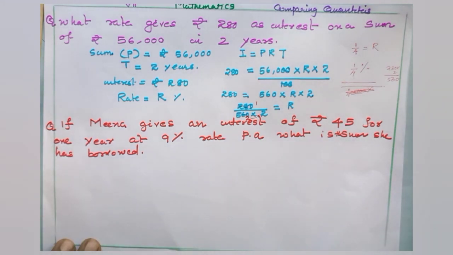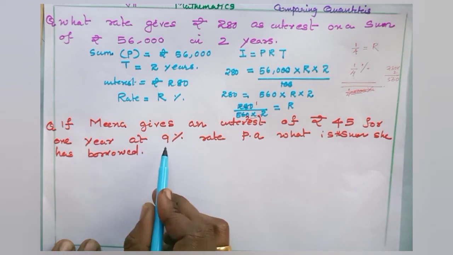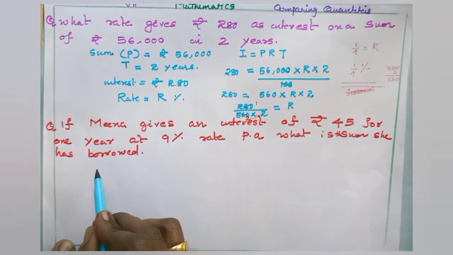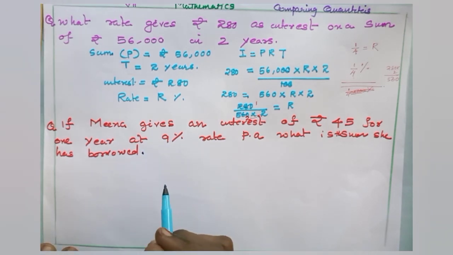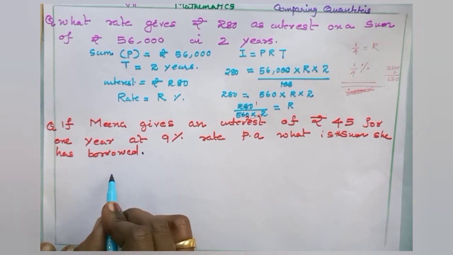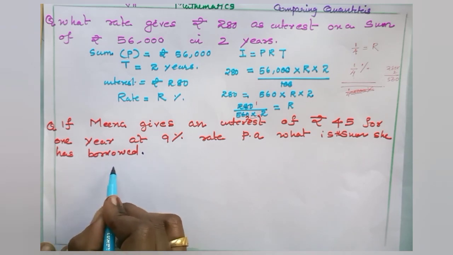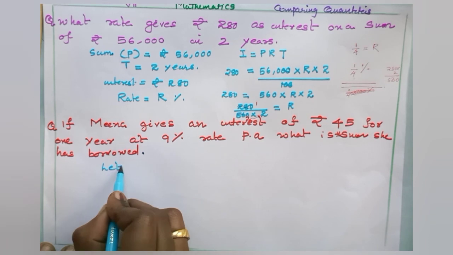Next question. If Meena gives an interest of rupees 45 for 1 year at 9% rate per annum, what is the sum she has borrowed? So here we want to find out the sum she borrowed, that is the principal.